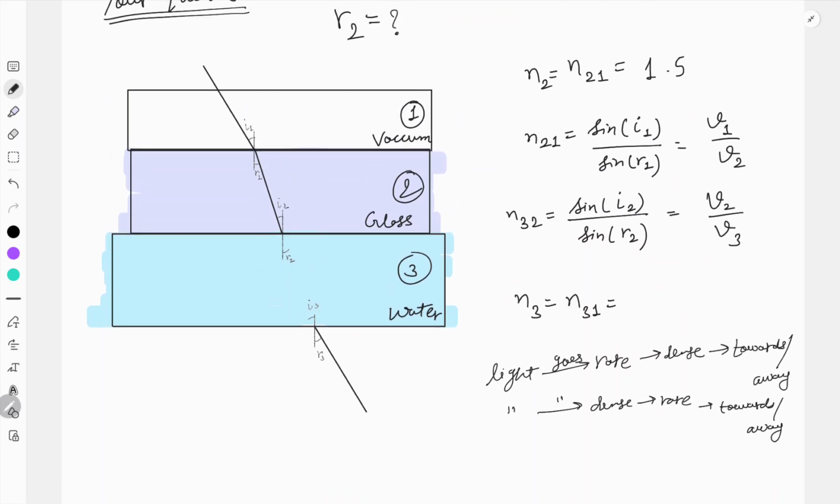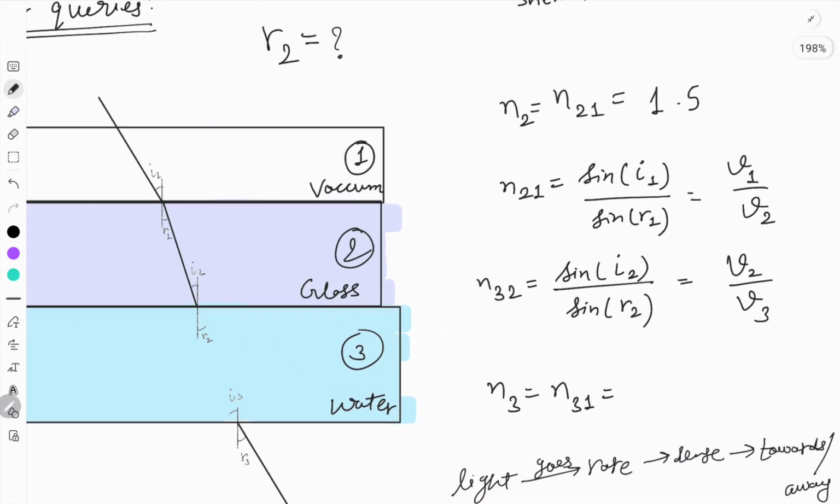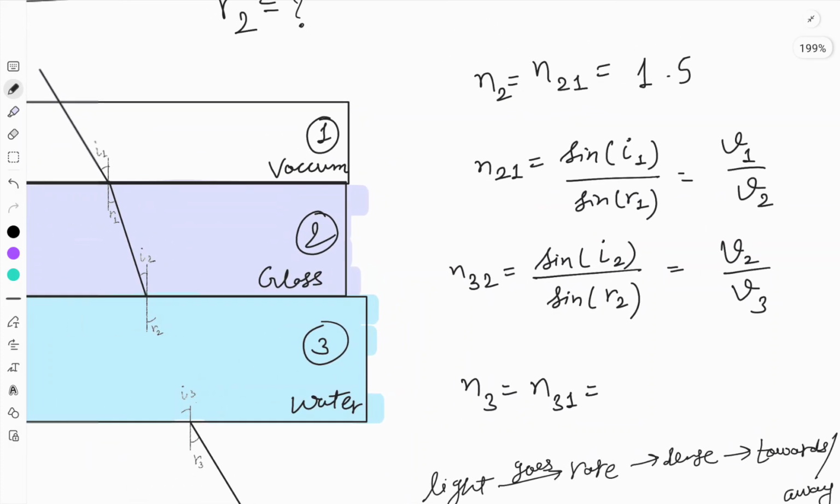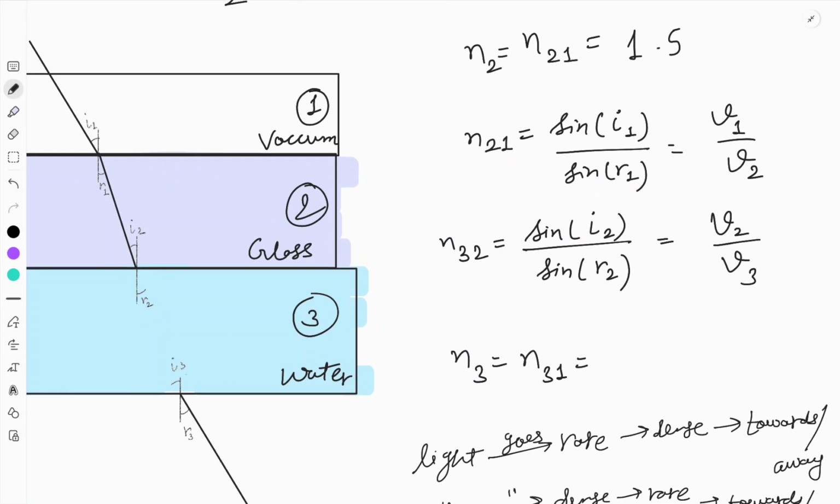Okay, so we have written our Snell's law here, and we have written n1, the refractive index of the glass with respect to vacuum, which is nothing but its absolute refractive index. So basically we have written it as v1 by v2 equals sin I1 by sin R1.